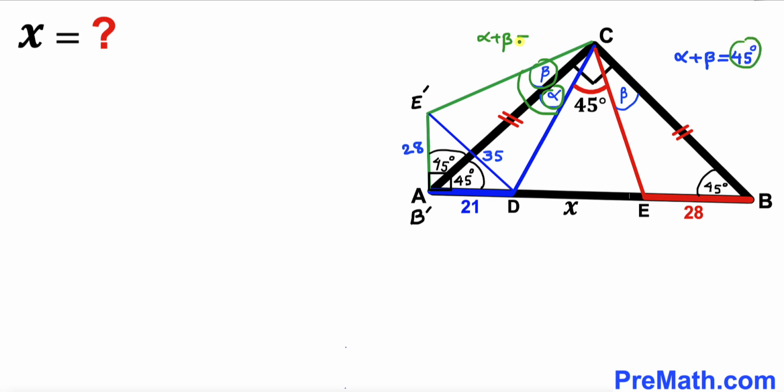So this angle has got to be 45 degrees. And furthermore, this side length CE is equal to this side length CE prime. Both of them are congruent.